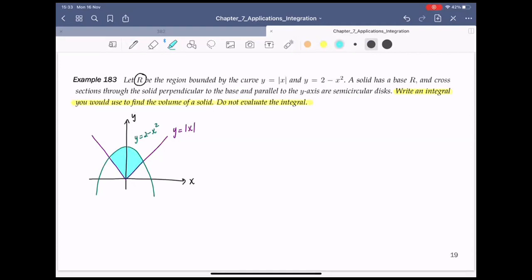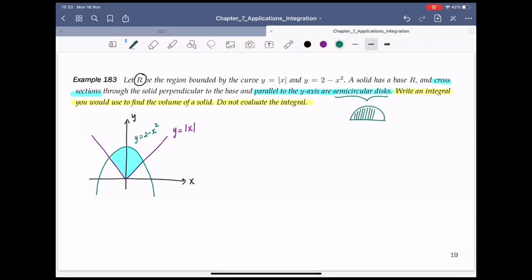Now, what we want is to find the volume of the solid, and we know that the solid has a cross section cut parallel to the y-axis, and we get a semicircular disc, something like that.